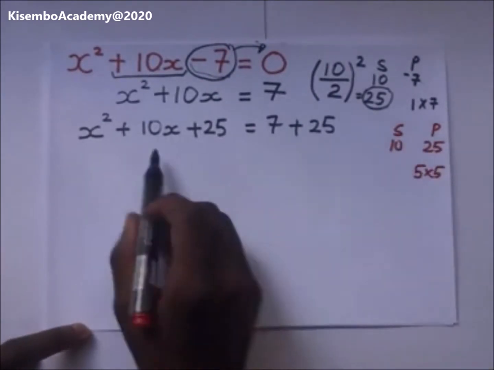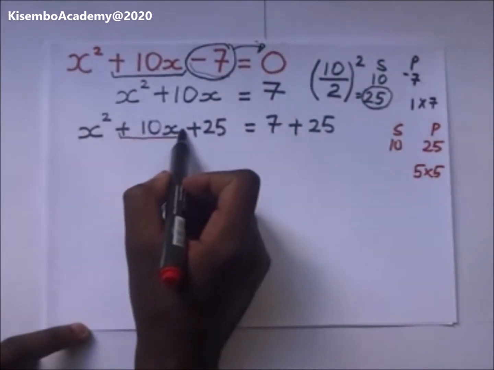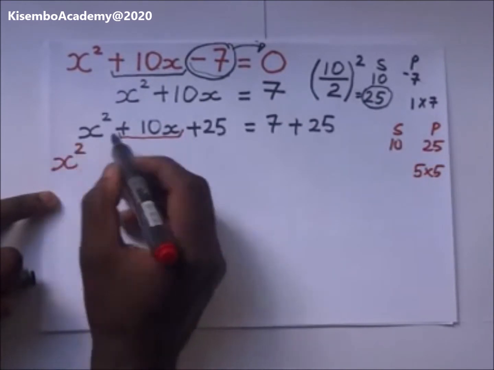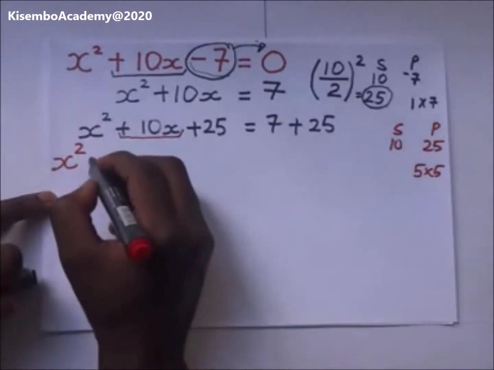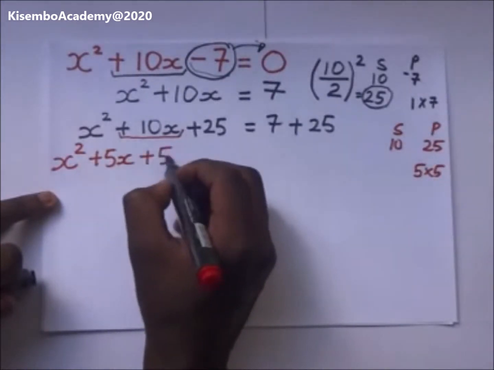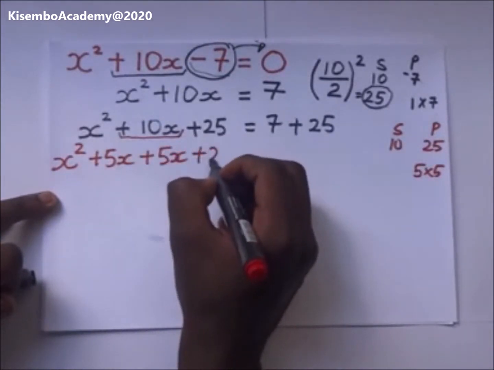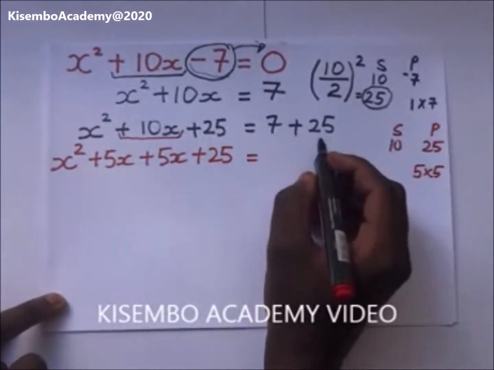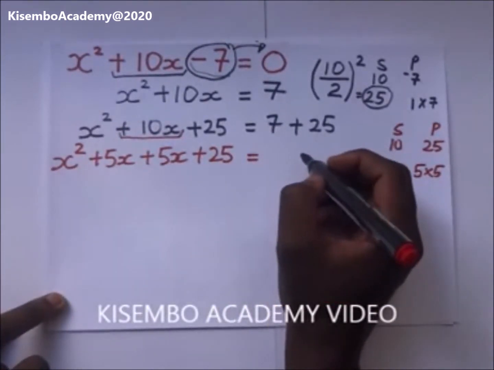So we use them to replace this middle term. So this is going to end up being x squared plus 5x plus 5x plus 25 is going to give us 7 plus 25, which is going to give us 32.